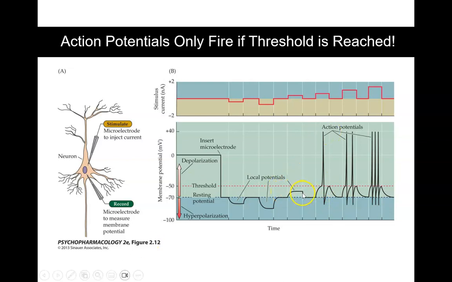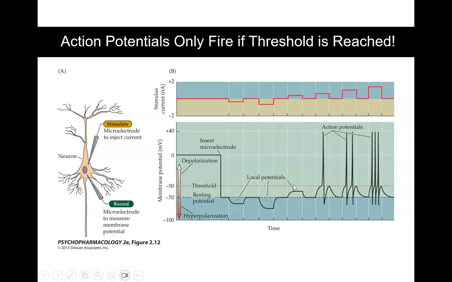Ultimately, the potential will return very quickly to rest. Likewise with a hyperpolarization, this will happen either because of potassium leaving the cell or chlorine entering the cell. So you can see that the membrane potential temporarily becomes more negative before once again returning to rest.